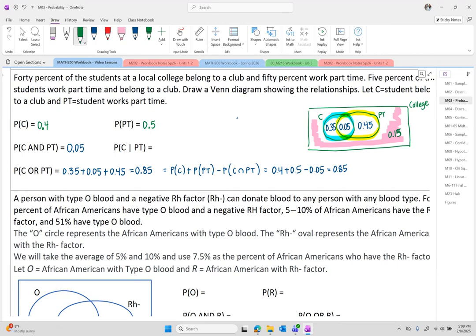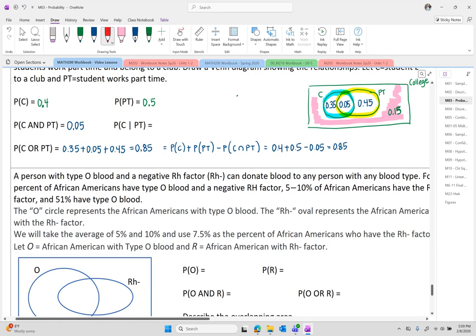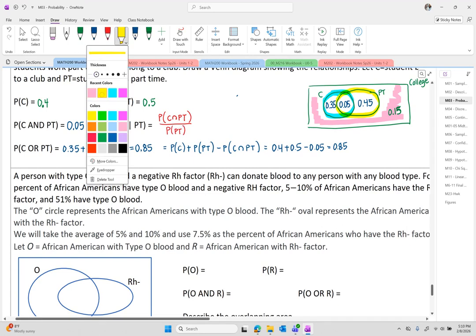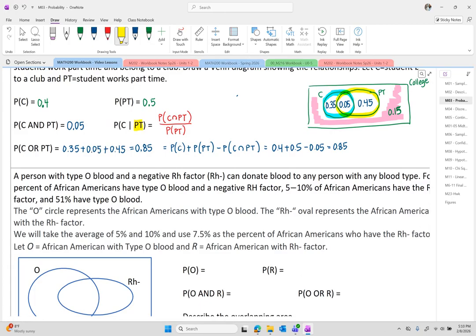What is the probability a student is in a club given they are part-time? And if you remember, the formula is probability in a club and part-time divided by the denominator of the event, which is to be part-time. Remember, the denominator of the event is what is the given condition.